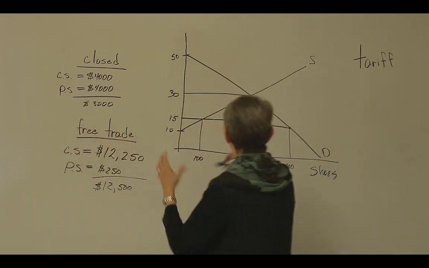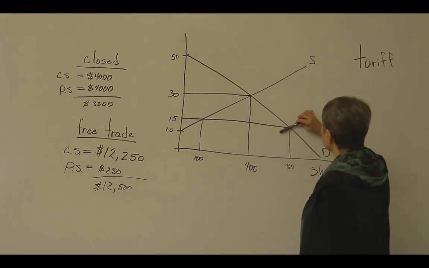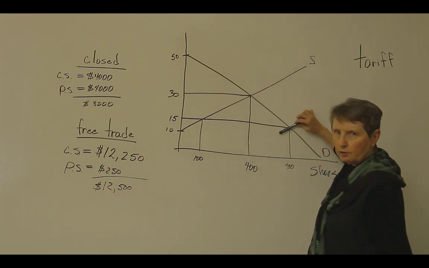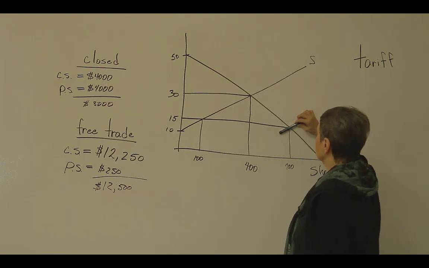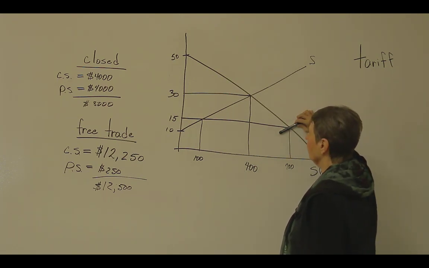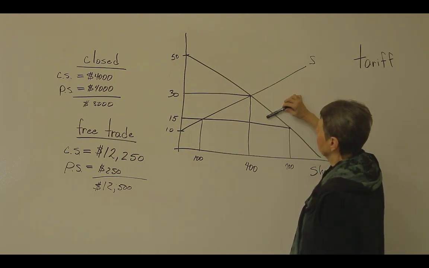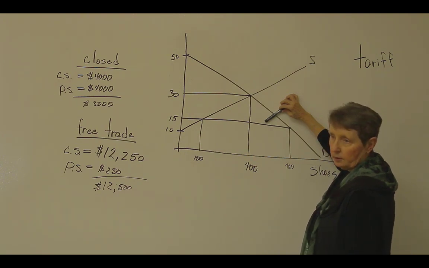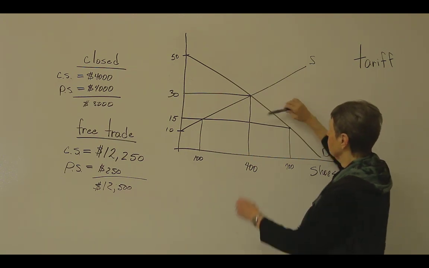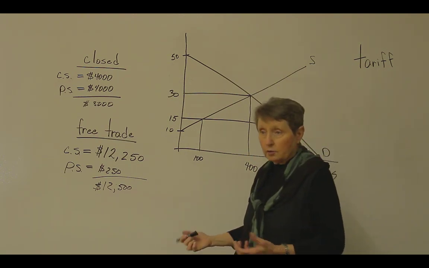And so let's assume that in this case, the government has said to the foreign country that's bringing shoes into our country, you have to pay us a tariff such that the price is now $20. In other words, we're going to make these importers of shoes pay. So you've just increased their costs.